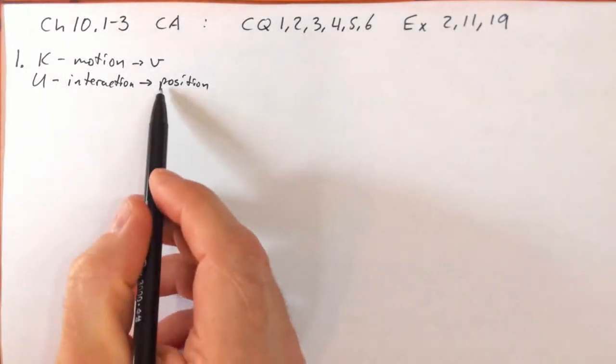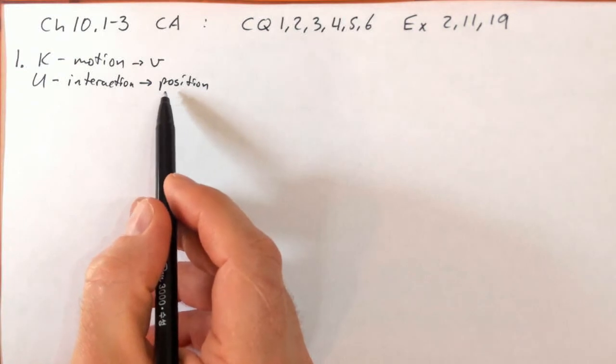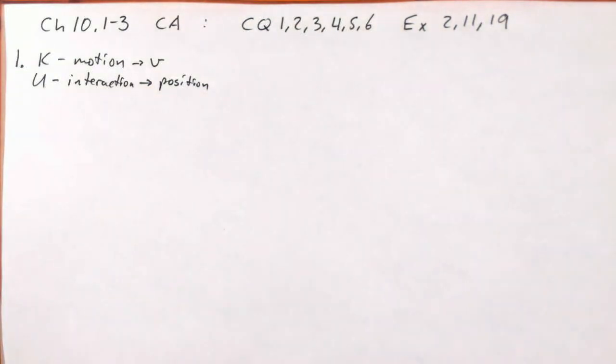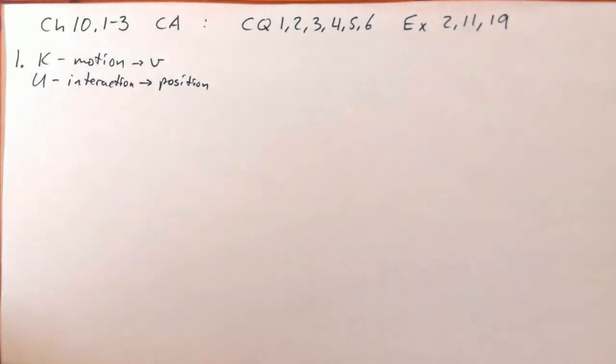Gravitational potential is dependent on the vertical position. Spring potential energy is based on the bonds in the spring itself, how pulled apart they are, or how pushed together they are relative to their equilibrium lengths. So it's an interaction, and most often depends on position.